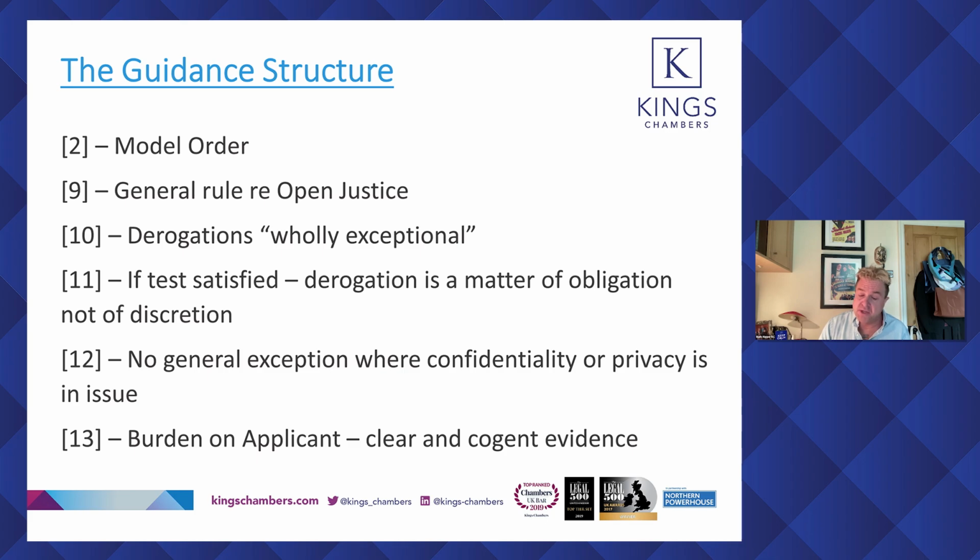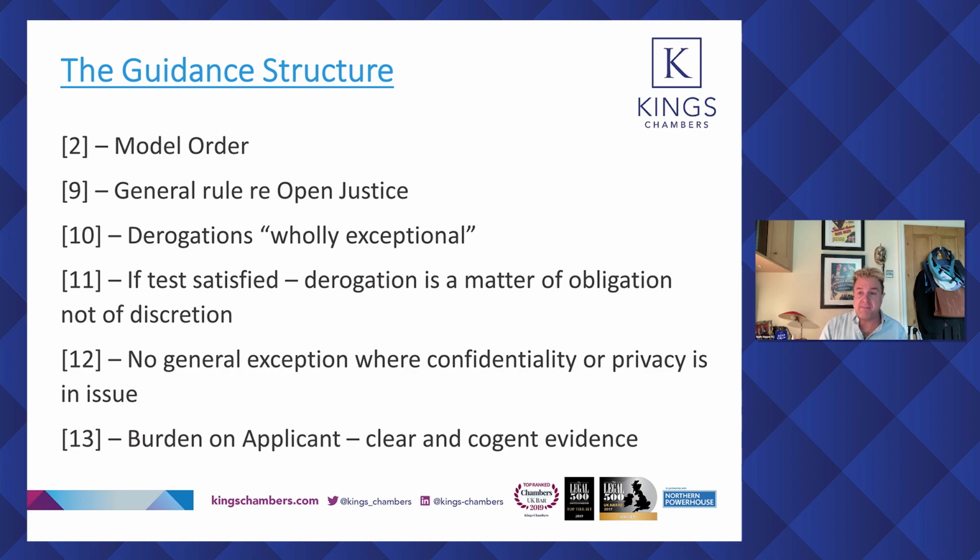Paragraph 9 deals with the thing we've already set out, the open justice fundamental principle. The general rule is that hearings are carried out in public and judgments and orders are public. Paragraph 10, derogations from the general principle can only be justified in exceptional circumstances when they are strictly necessary as measures to secure the proper administration of justice, again stressing they are wholly exceptional. 11, the grant of derogation is not an exercise of discretion.